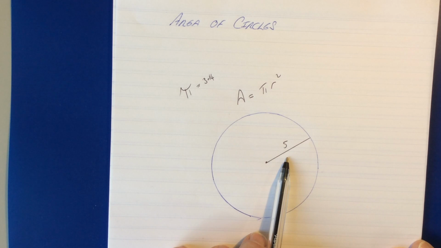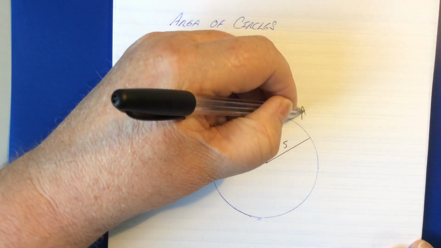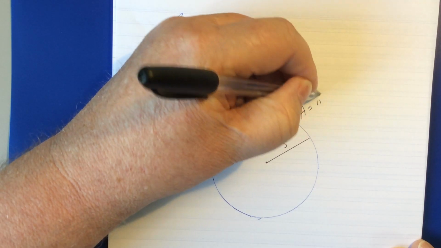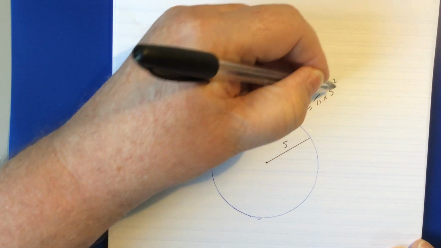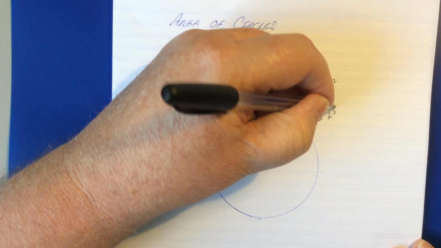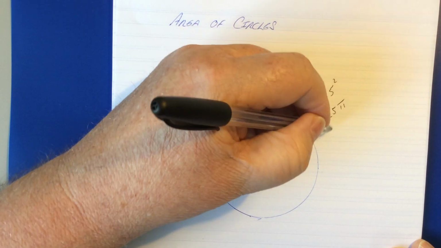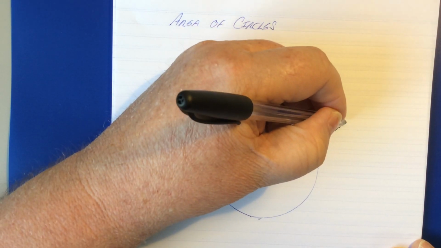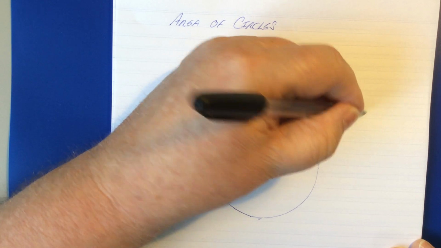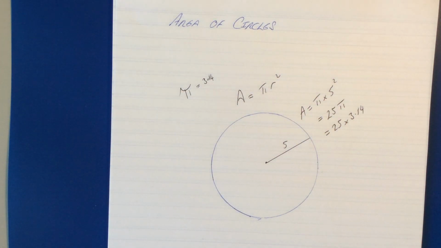Now, in this circle, we've got a radius of 5. So the area of this circle is equal to pi times 5 squared, which equals 25 pi, which equals 25 times 3.14 approximately. And I have to get out the calculator for that. It's pretty easy to do on a calculator.